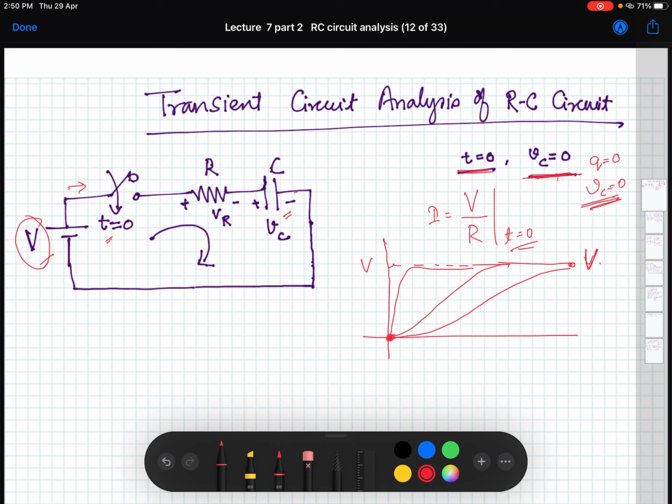For now, we'll just assume that it charges in a smooth way and reaches point V. Now what happens to the current flowing?